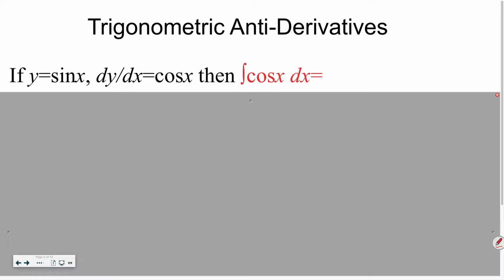So the antiderivative of cosine would be regular sine of x. This is where we really have to be careful with our negatives. My suggestion is to always think about the derivative of your answer, and does that get you back to what's inside the integral symbol?